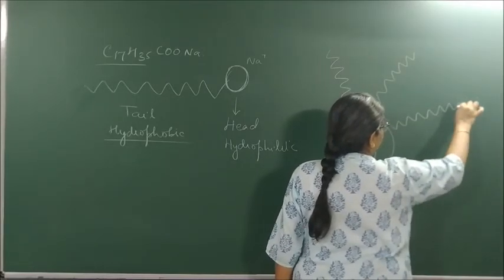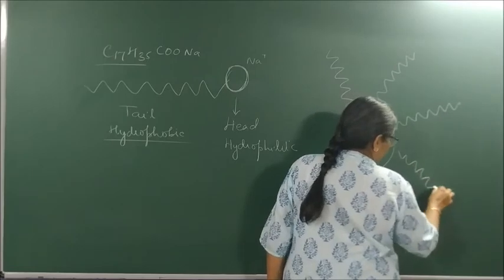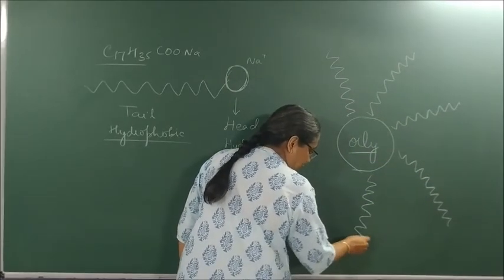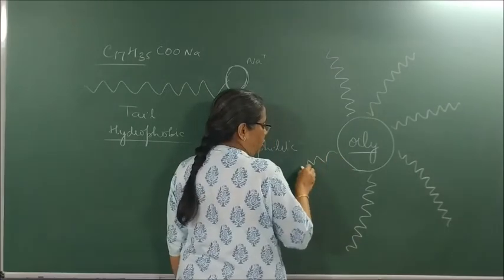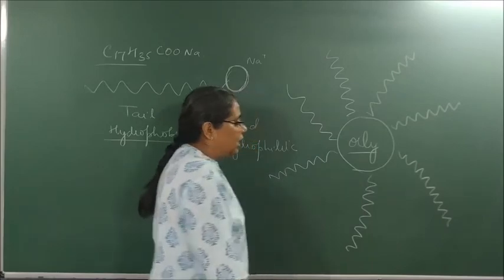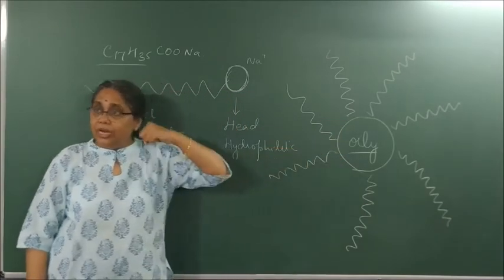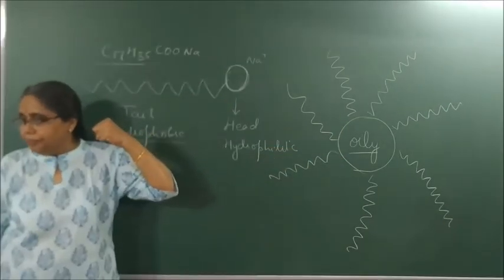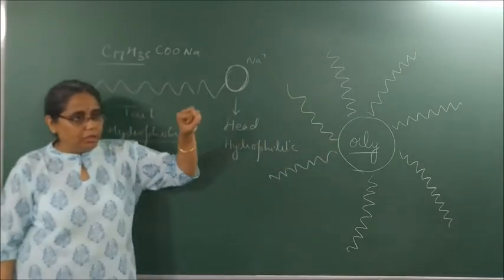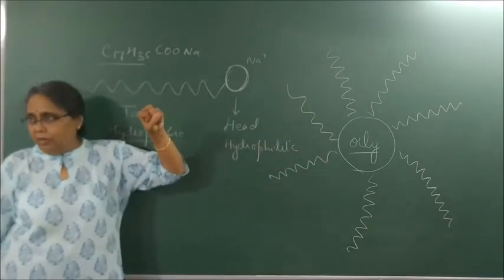You will find that they arrange themselves on the surface. The tail parts will break the oil or dirt into smaller pieces, and then they will try to take away the dirt. The dirt is pulled from the cloth, and now it is there in water.